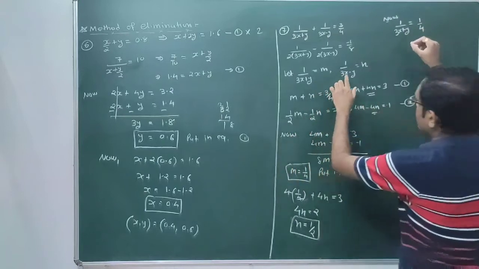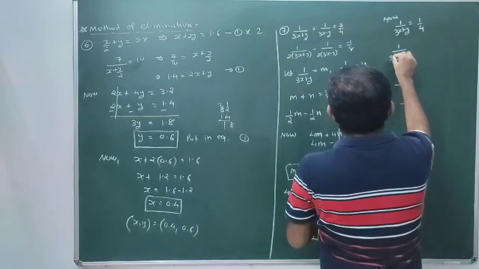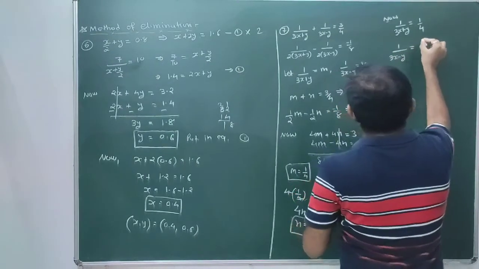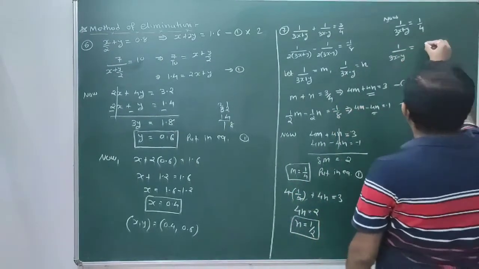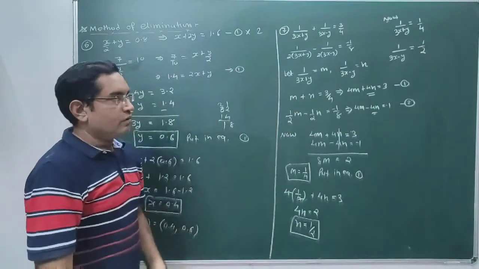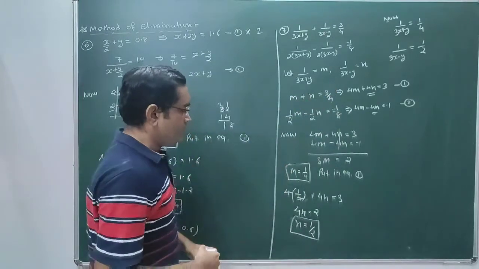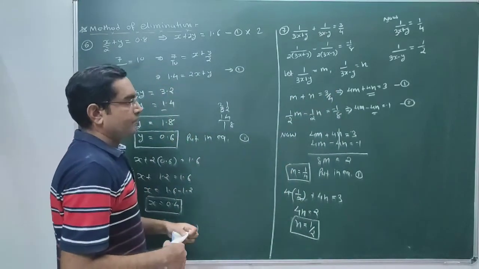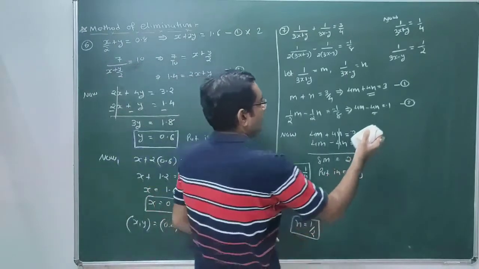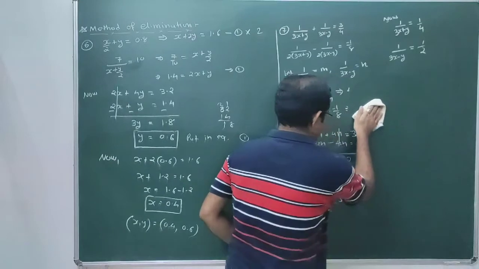And the other one, 1 upon 3x minus y equal to n, and our n is 1 by 2. Clear students? Before that, pause this video and note it down. I am going to rough this part. Let me erase this part. I require more space.